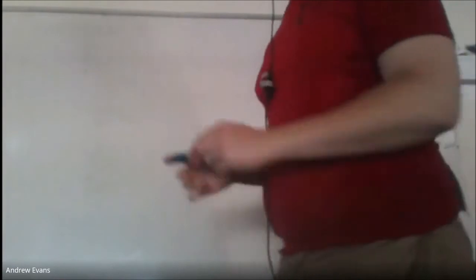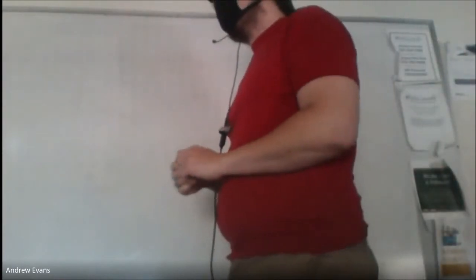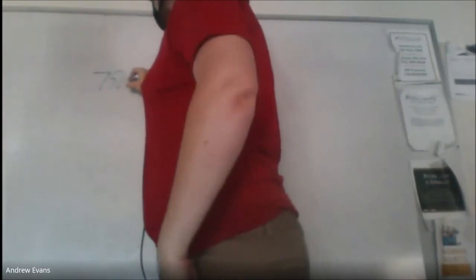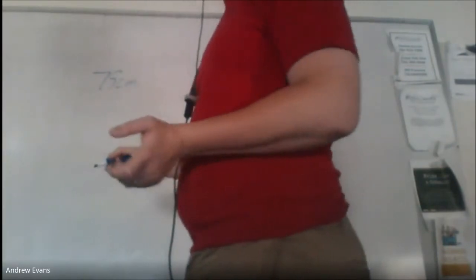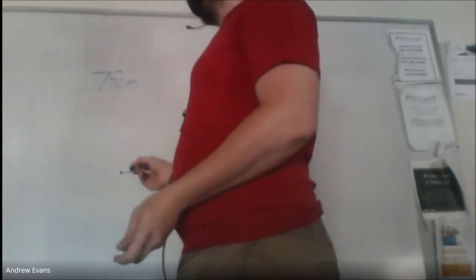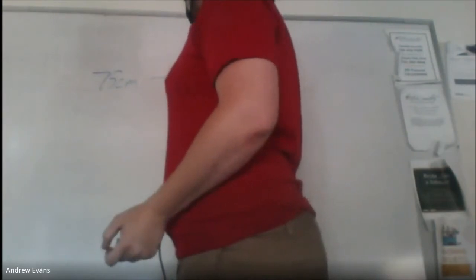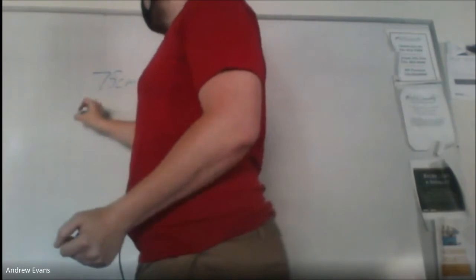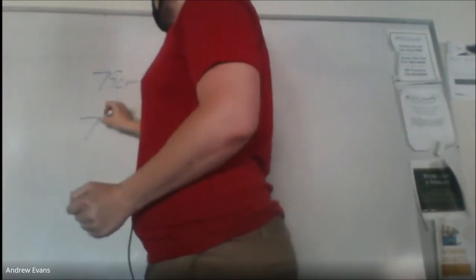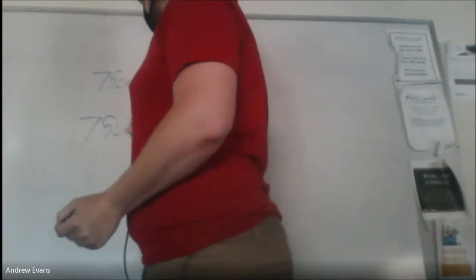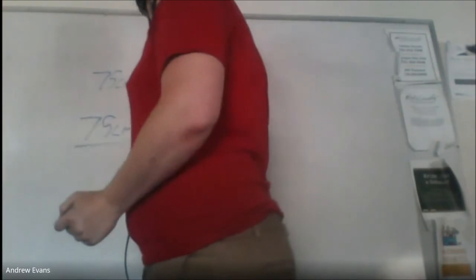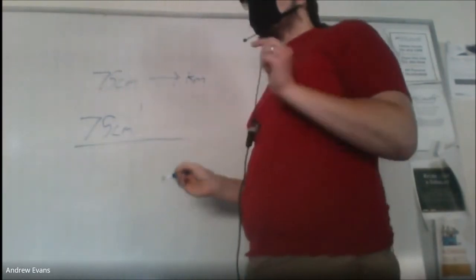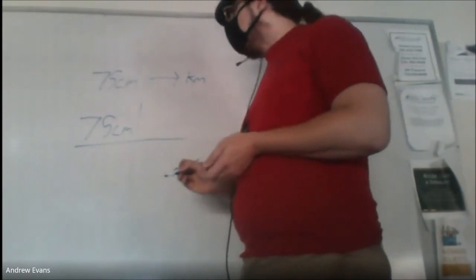If we have 75 centimeters and we want to know how many kilometers that is, we want to go to kilometers. How we would do it, the railroad track dimensional analysis method, is I would figure out the conversion of centimeters to meters and meters to kilometers. So I'd start with 75 centimeters over 1.